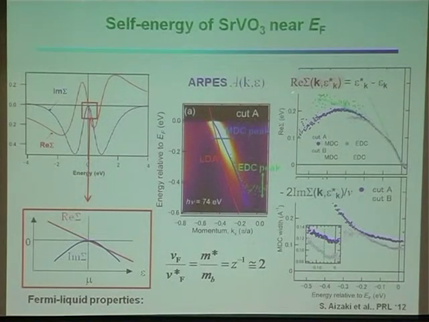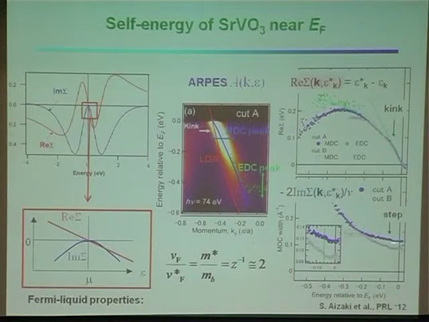And you can see for strontium vanadate, we could see also this not so pronounced, but slight change in the slope at 60 or 70 meV, which is identical to cuprates.